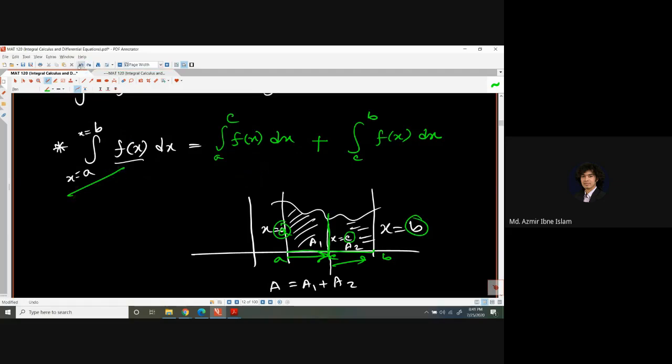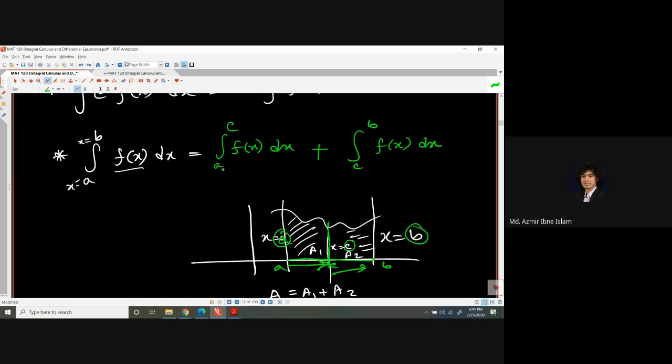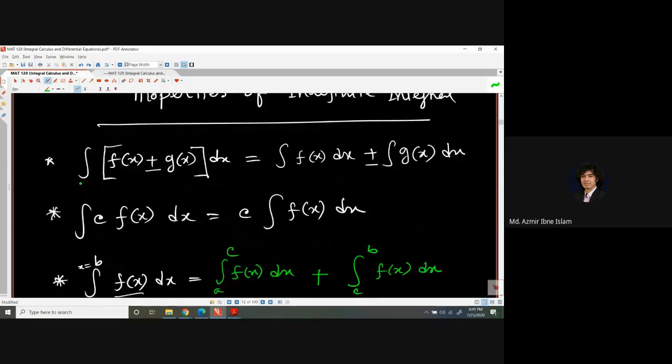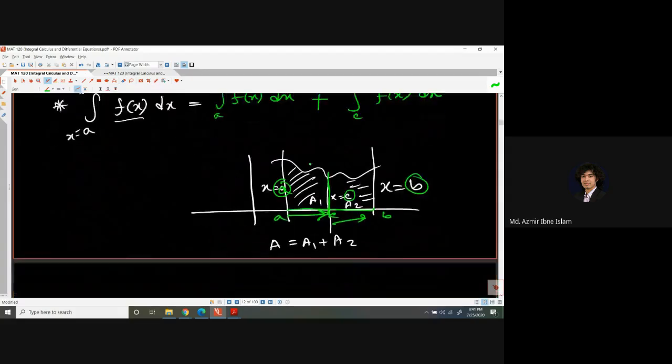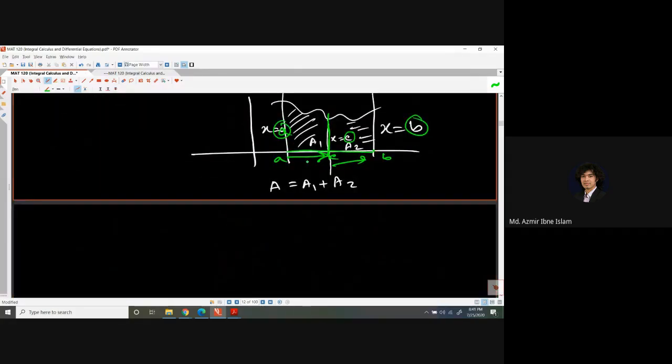These three properties are very important. I have mentioned them here for indefinite integrals. You can also think about them for definite integrals, that is, where we have a lower limit and an upper limit, but the properties are the same.